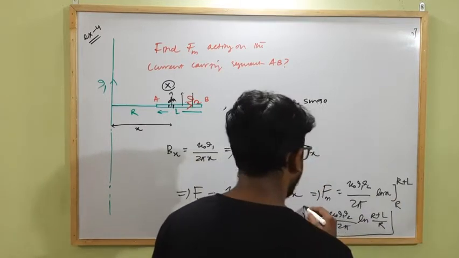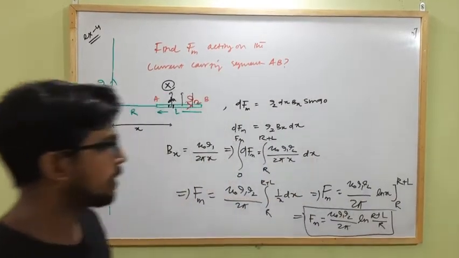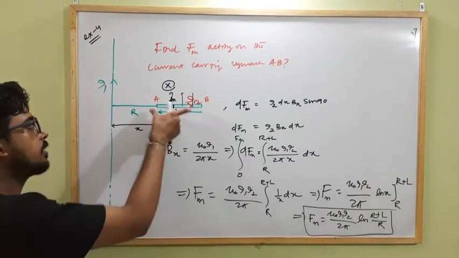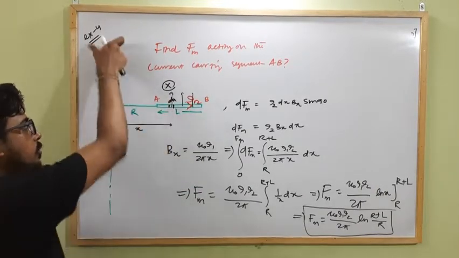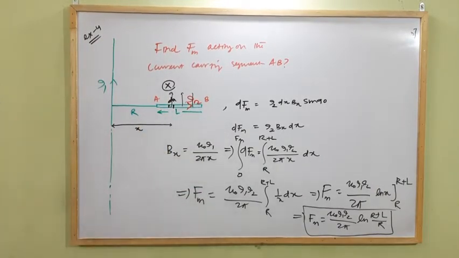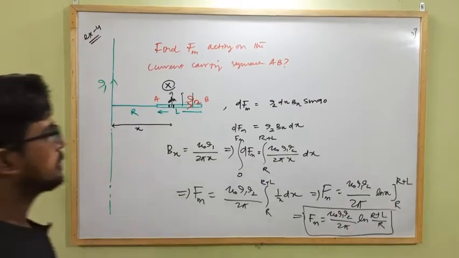So this will be the expression for the force acting on this current carrying segment due to the infinitely straight current carrying conductor. Clear? Okay, understand?